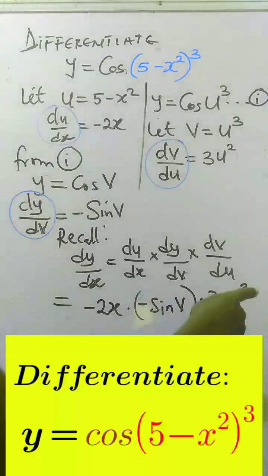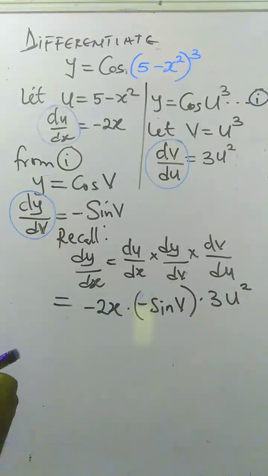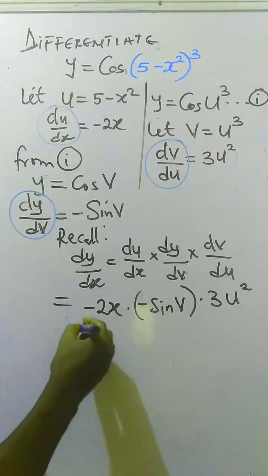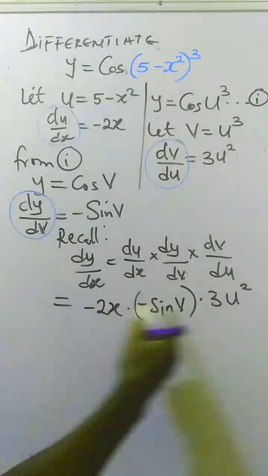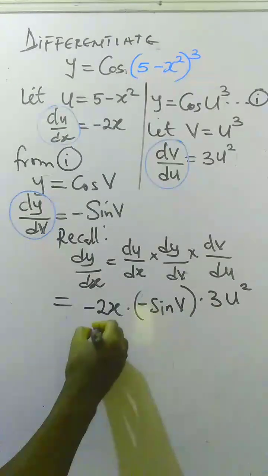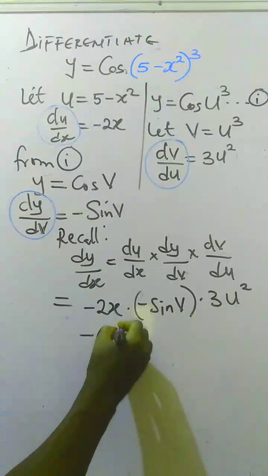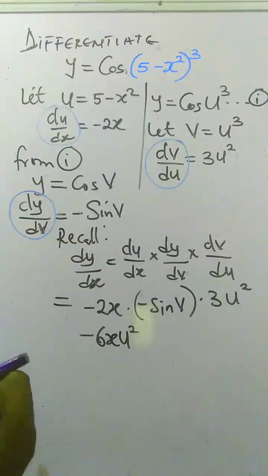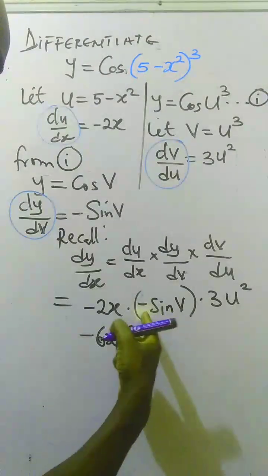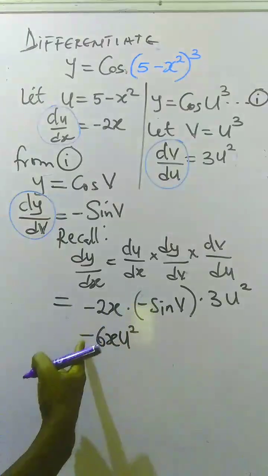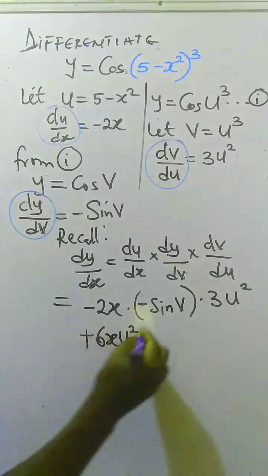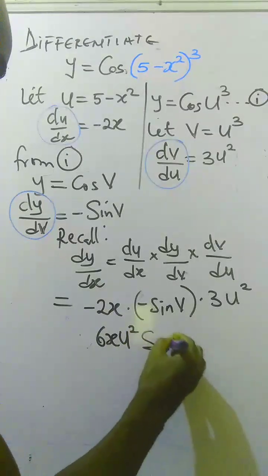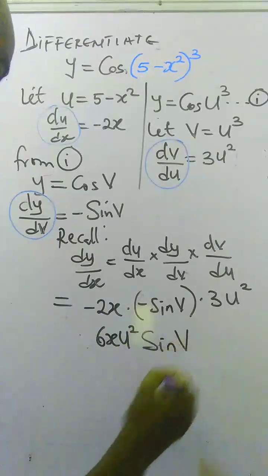If I multiply this together, minus 2 times 3 gives me minus 6xu squared. Then this minus and this minus will affect each other, so this becomes plus. I'm left with plus 6x u squared sine v.